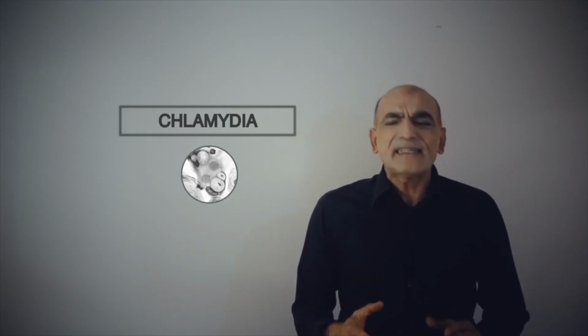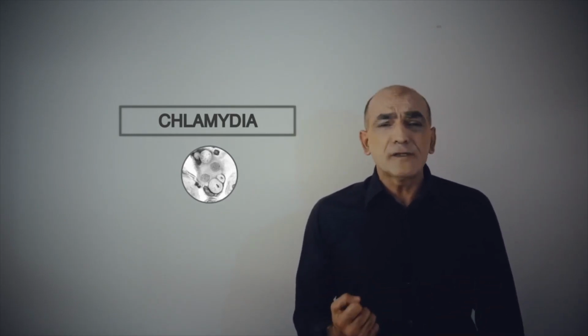And as you know, it's extremely difficult to treat. Chlamydia psittaci or psittacosis is a disease of the birds. Again, this organism can sit on damaged valves and cause an endocarditis. Again, non-bacterial and very difficult to treat.